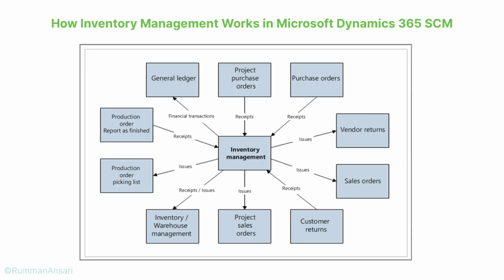Now let's talk about the customer returns, and you can see there is a text called receipts. In this receipt, what happens when the customer returns an item is that those products are received back into the inventory. The system may place them in a quarantine location pending inspection, or immediately restock them based on the condition.